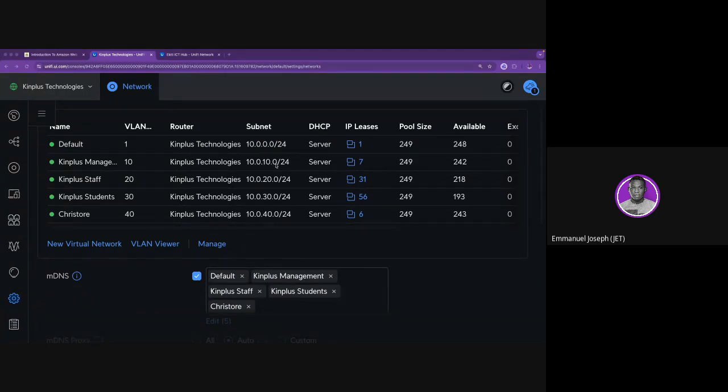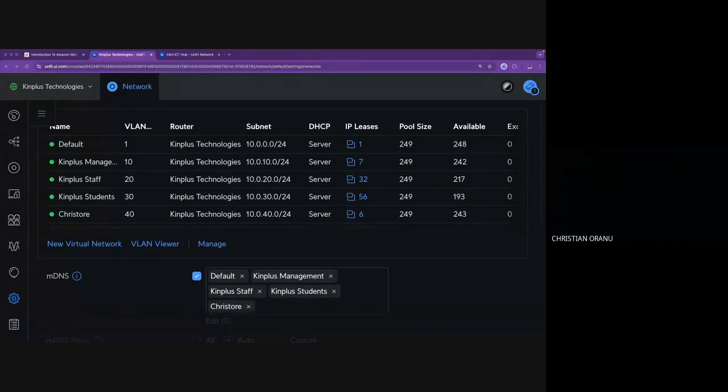So what this is doing is breaking the class B subnetting into multiple class C. Did you get that? Can you see how that is done?